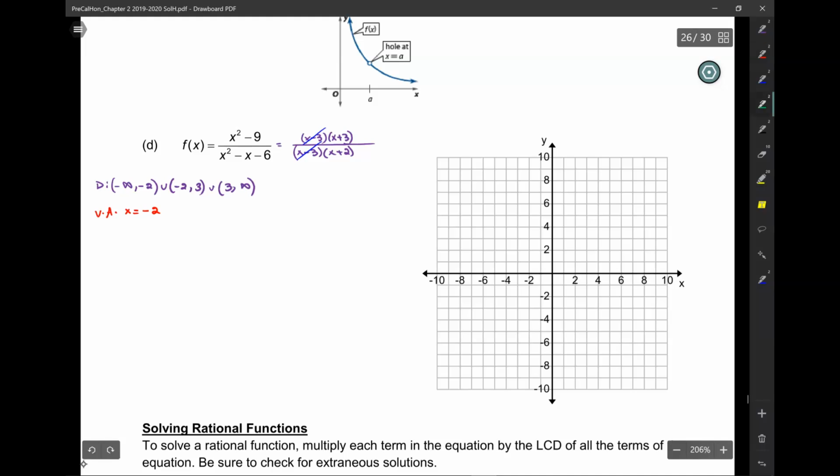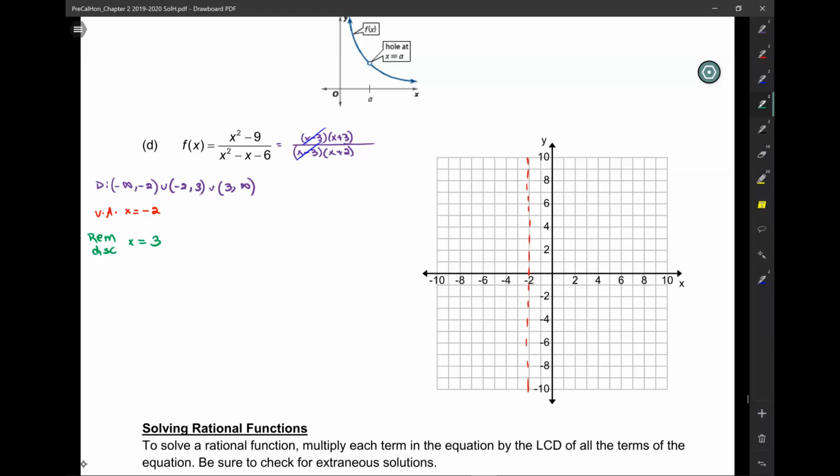So now there is a removable discontinuity at x equals 3. So at x equals -2, I have the vertical asymptote. At x equals 3, somewhere here, there is a removable discontinuity or a hole.